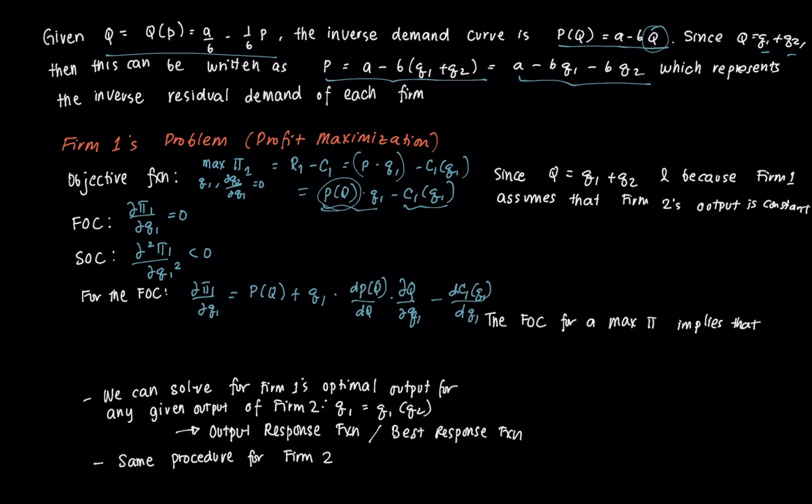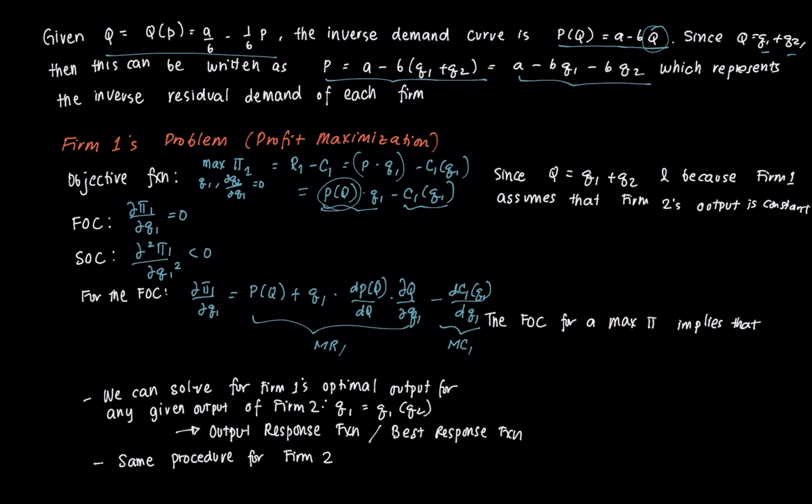And you'll notice that this entire first portion is essentially marginal revenue, because that's the derivative of revenue with respect to Q1. And this one is marginal cost. Those are the marginal revenue and marginal cost of firm 1.